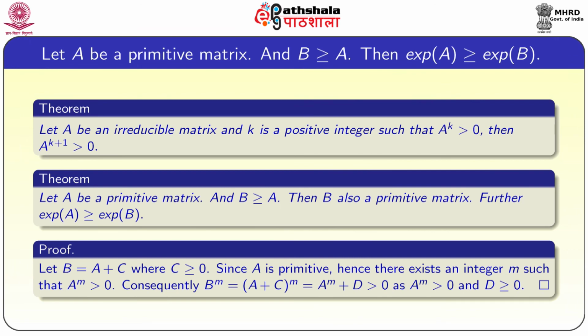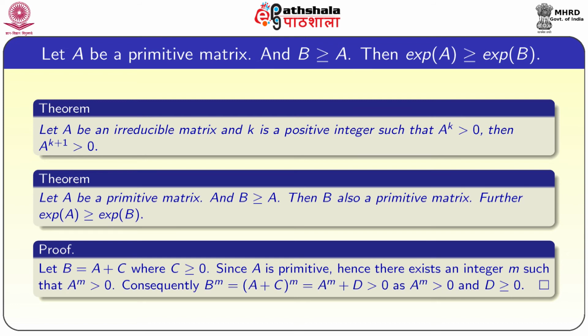The proof: since B is greater than or equal to A, B can be expressed as A plus C, where C is greater than or equal to 0. Since A is primitive, there exists an integer m such that A power m is greater than 0. Consequently, B power m is equal to (A plus C) whole power m, which is equal to A power m plus D, by binomial expansion.